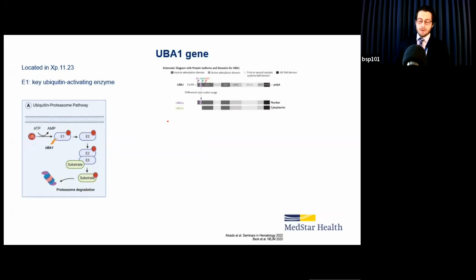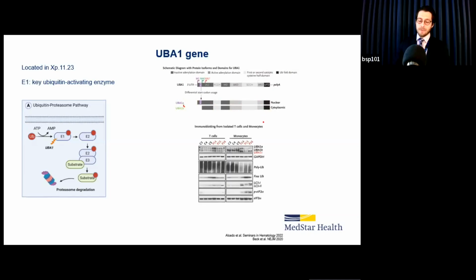So what they found initially at the NIH is that the UBA1 gene produces 2 different types of proteins, UBA1A and UBA1B. A is in the nucleus and B is in the cytoplasm. And then eventually, as I said at the beginning, peripheral T cells do not carry the mutation, while myeloid cells like monocytes do. So they were comparing patients' T cells and monocytes, and they found that UBA1A and B, the normal isoforms of the enzymes, were present in T cells, but in the monocytes, there was absence of the B isoform, and there was the presence of this new isoform that is UBA1C.